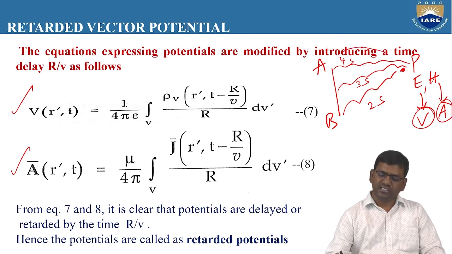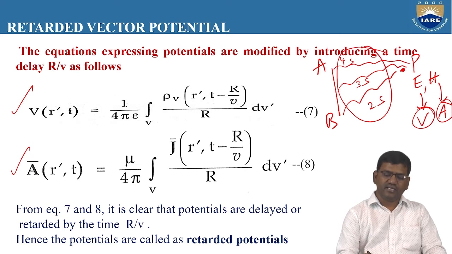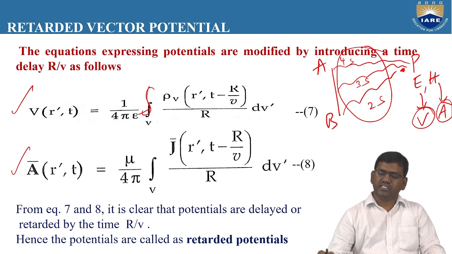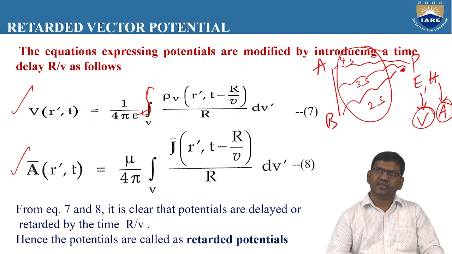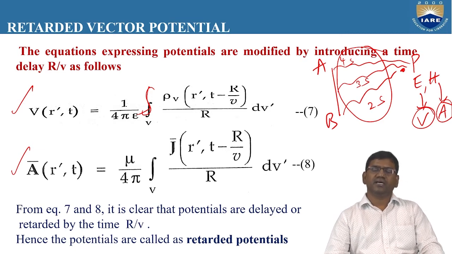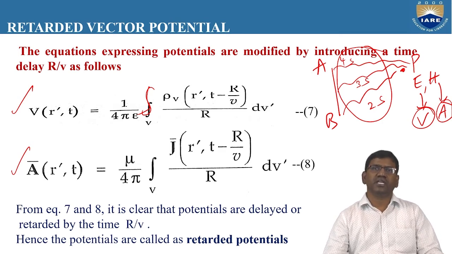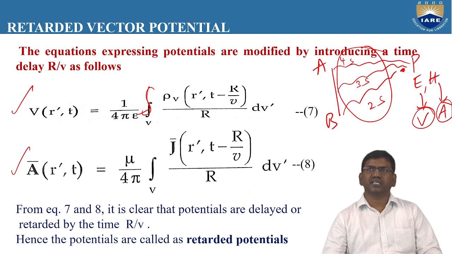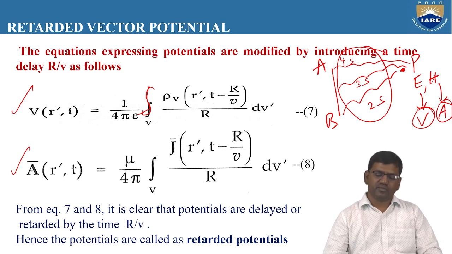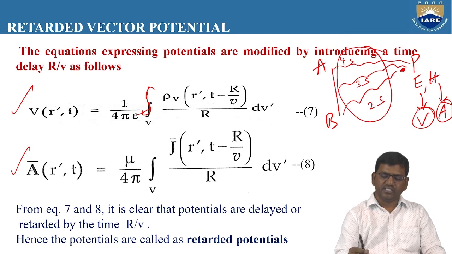That means all these effects must be integrated. Integration is nothing but summation. The summation of all the effects produced by the element AB at point P gives the total electric scalar potential and the total magnetic vector potential, which are given by expressions 7 and 8.